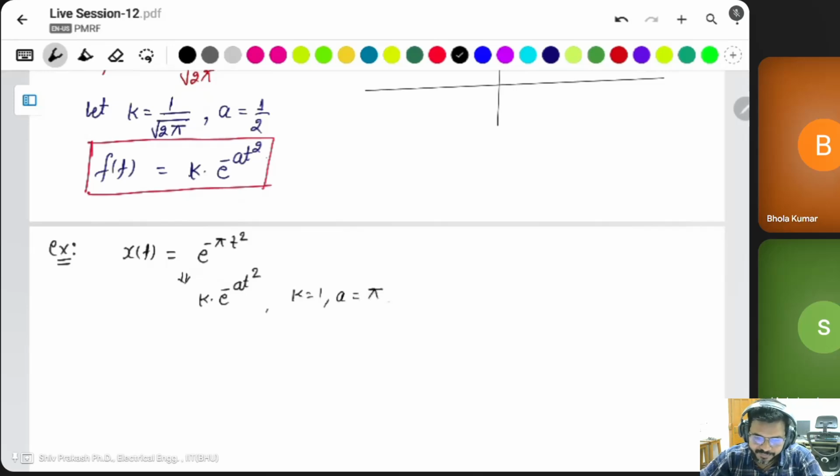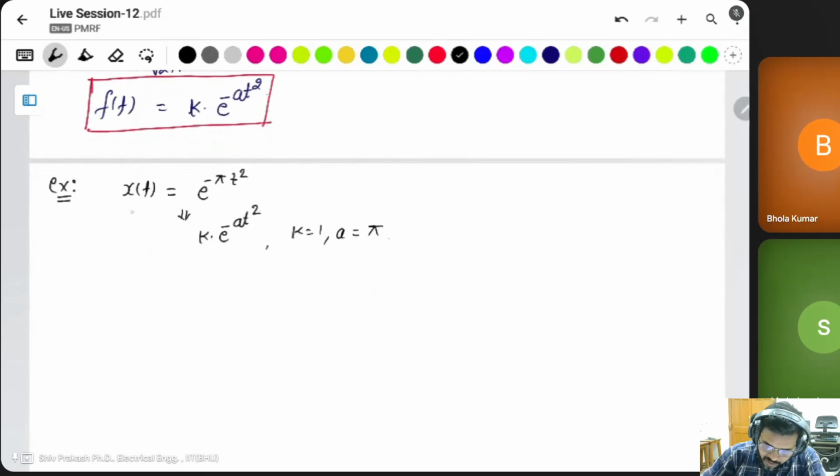Then how can you find the Fourier transform of x(t), that is, the Fourier transform of e to the power of minus pi t square?